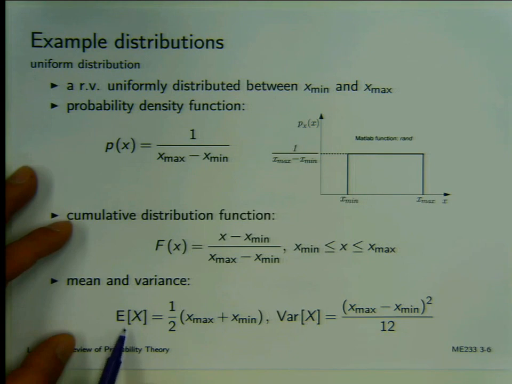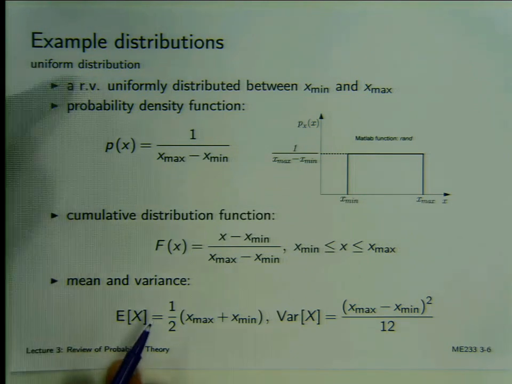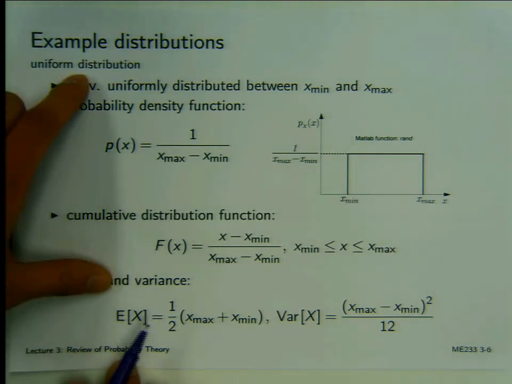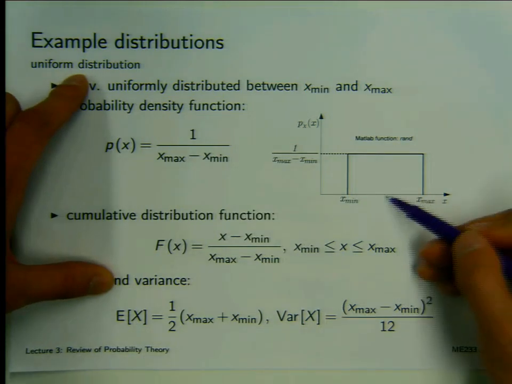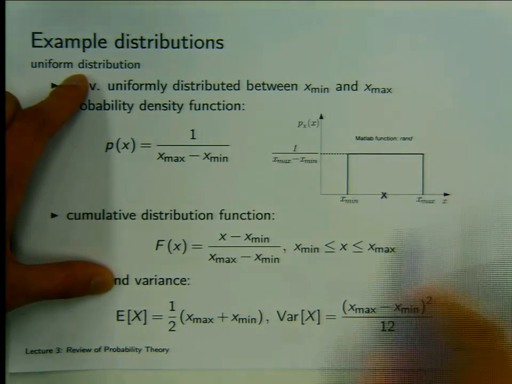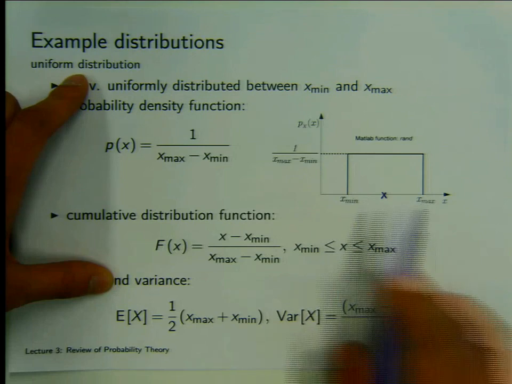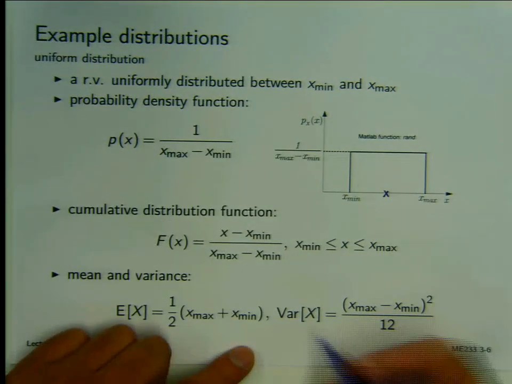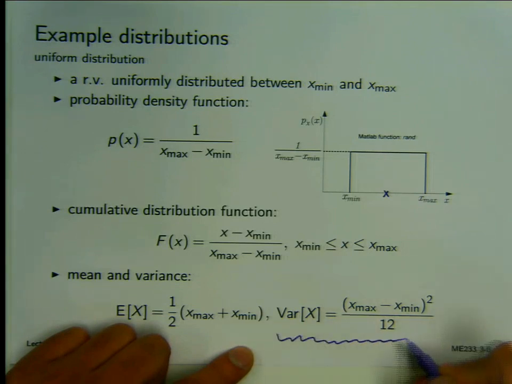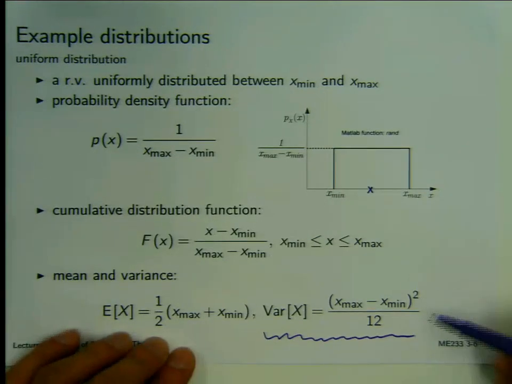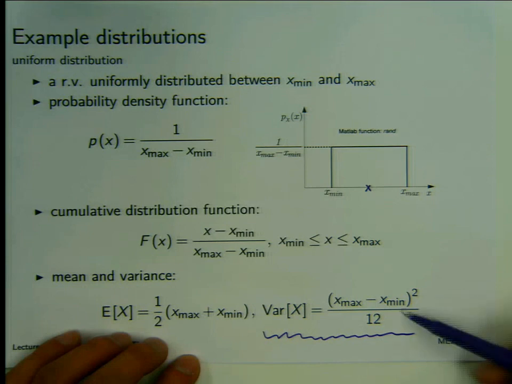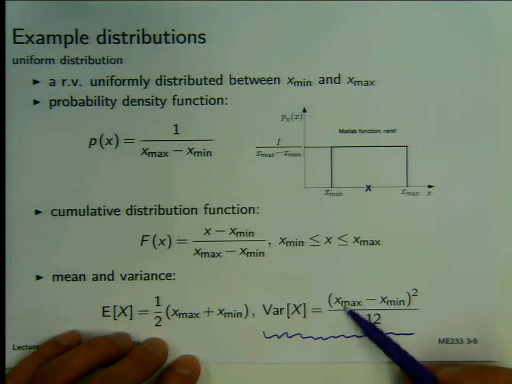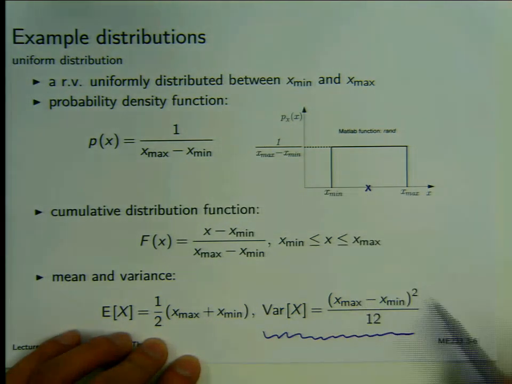The mean of a uniformly distributed random variable is the middle point here, right? If it's uniformly distributed in this region, the mean value is here. The equation for the variance is this one: it's the squared length of this region divided by some number.